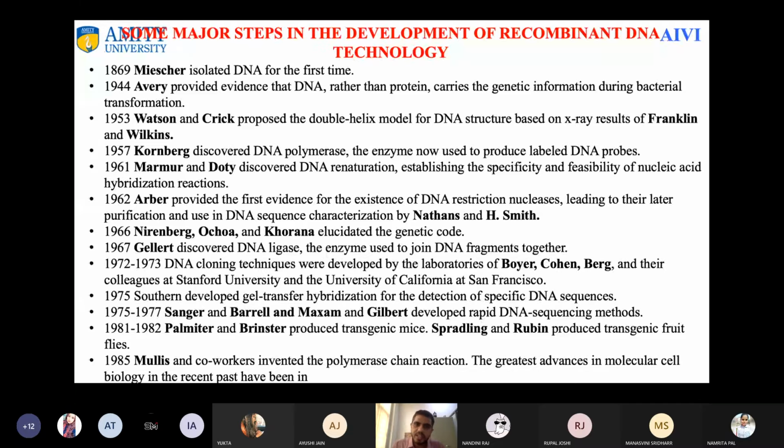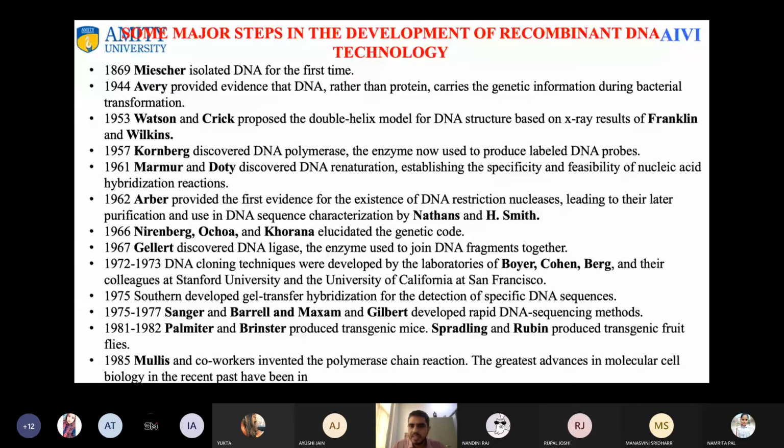But in recombinant DNA technology, we generate DNA clones, meaning two same nucleotide sequence strands. How we generate it was described by Boyer, Cohen, and Berg in 1973.